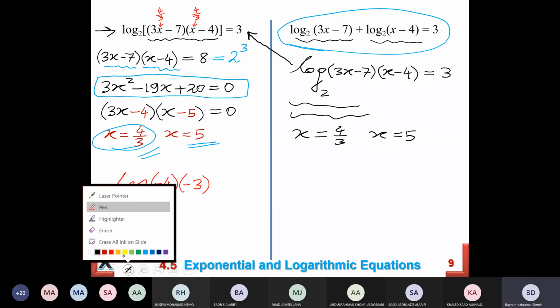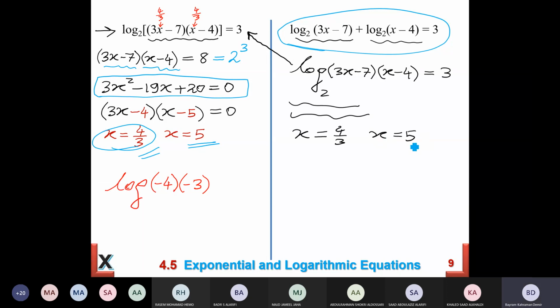But now, when you replace x with 5, this will be okay: the logarithm of 1, which is 0. And here, if x is 5, it gives 15 minus 7, so it is 8. The logarithm of 8 is going to be equal to 3.